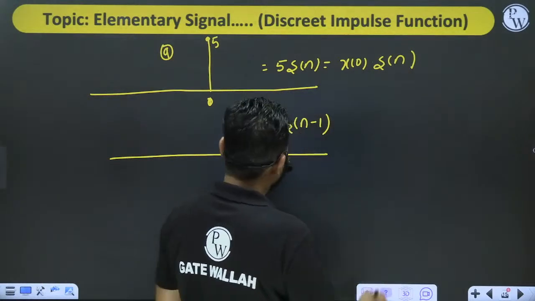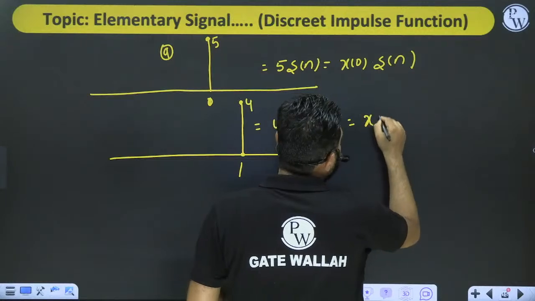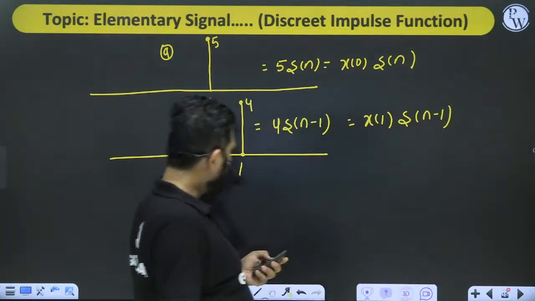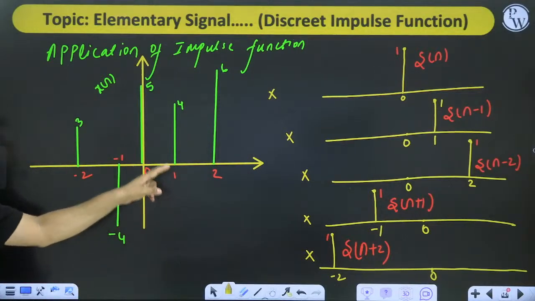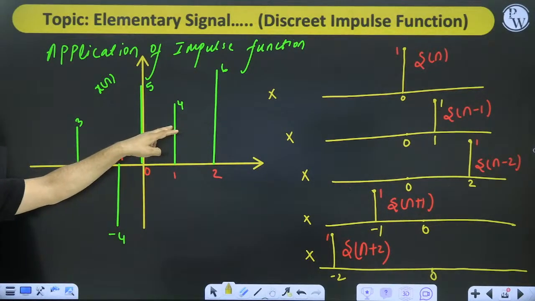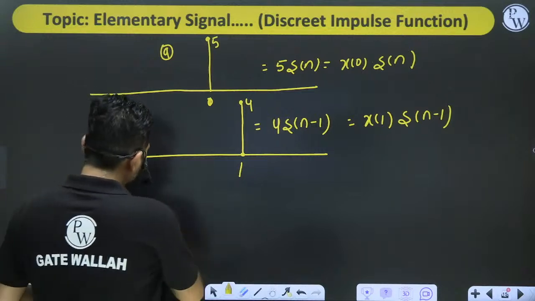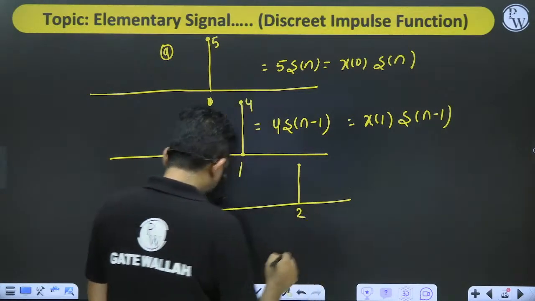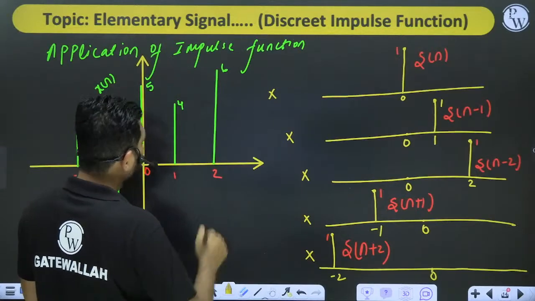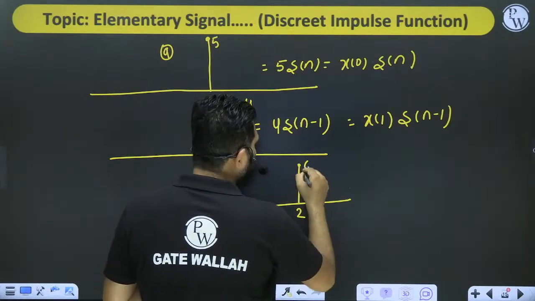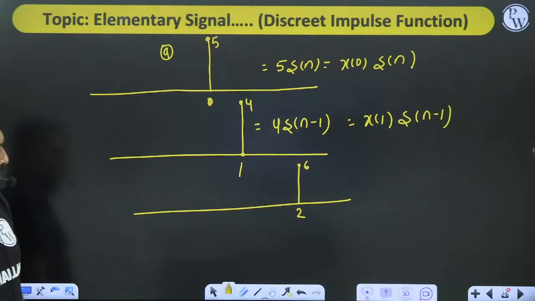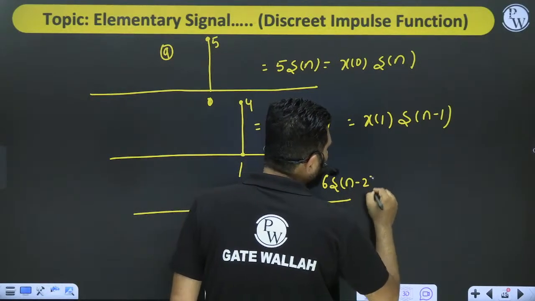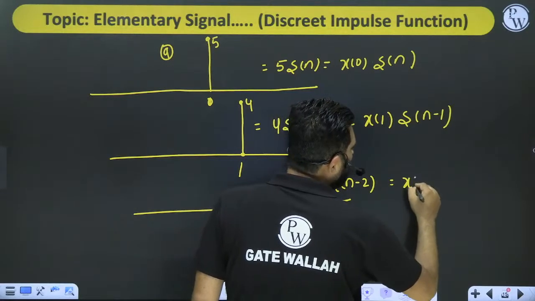But what is 4? 4 is x1 delta n minus 1. Similarly, the next would be at 2, and the result should be 6, not scaled. So this should be 6 delta n minus 2, and this is x2 delta.